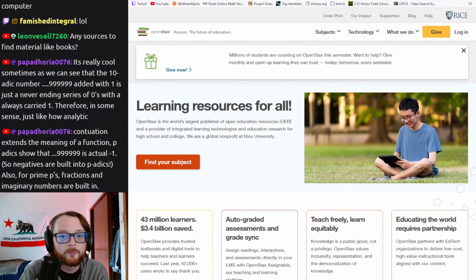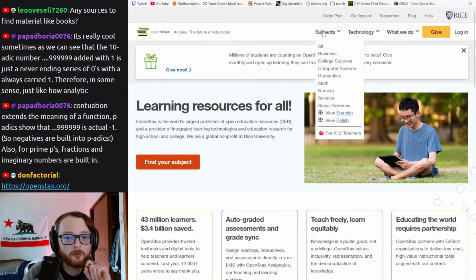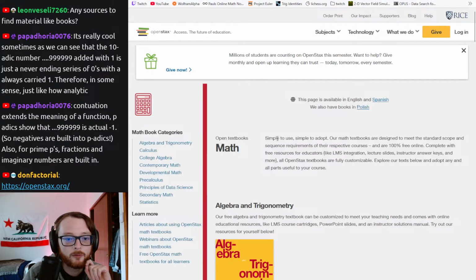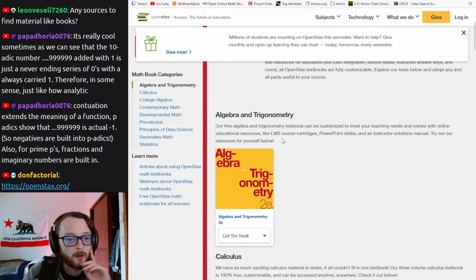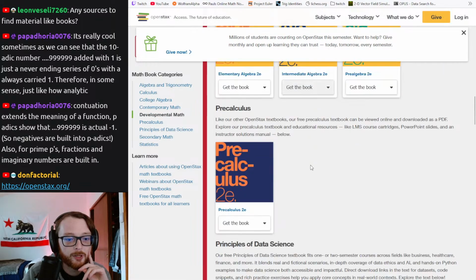Okay. So depending on your level, OpenStax has books that are free and legal. I think they only go as far as calculus, but they go through all the basics of math: algebra, trig, pre-calc.